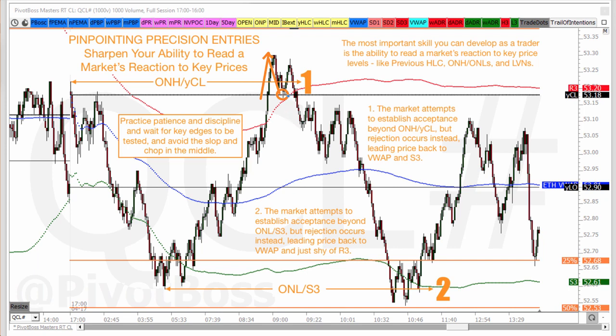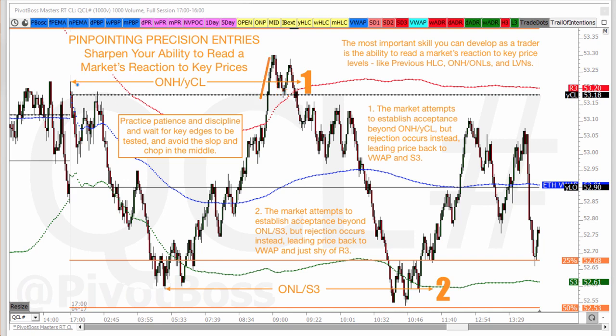Those are initiative participants looking to influence additional expansion out of that range or beyond that key level. So you look for that to play out.